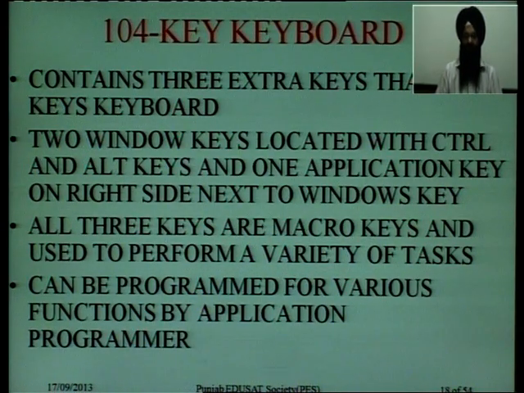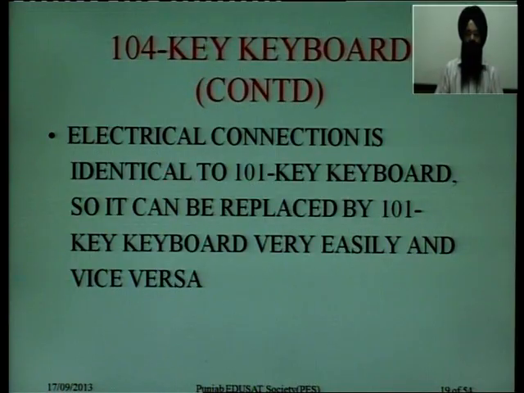All the 3 keys are macro keys, and they are used to perform a variety of tasks. They can be programmed for various functions by an application programmer with the help of the window keys and the application key. The electric connection is identical to the 101 key keyboard, so it can be replaced by the 101 key keyboard very easily, and vice versa.